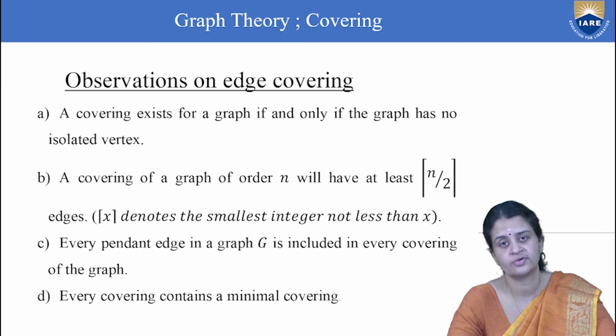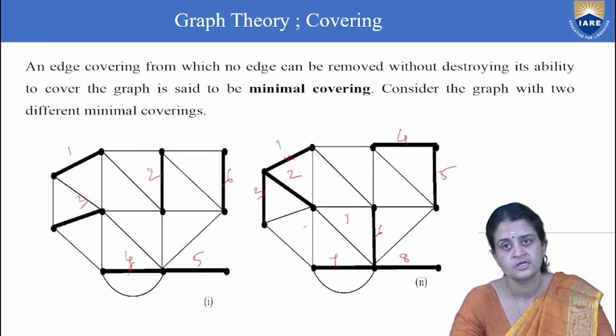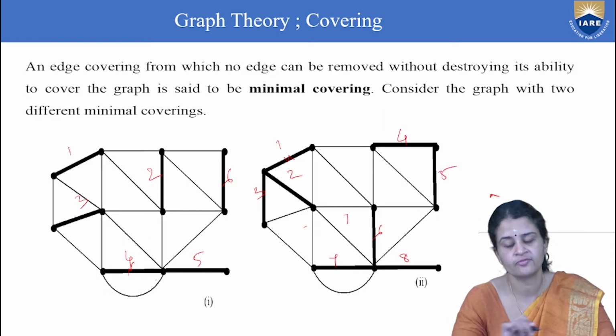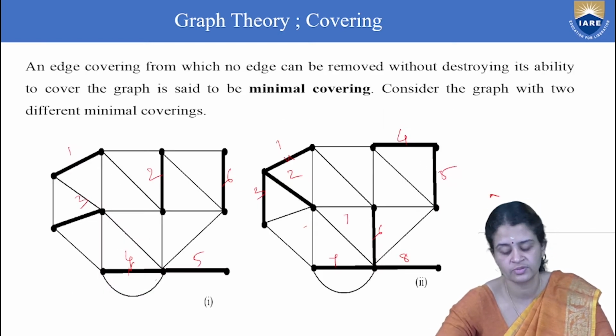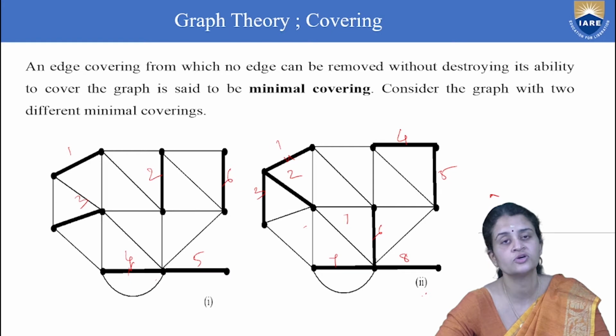Observations on edge covering. Okay. A covering of a graph exists if and only if the graph has no isolated vertex. Suppose I have one isolated vertex in this graph 2. Is any edge connected with this isolated vertex? No. And according to the definition, what is the condition of edge covering?